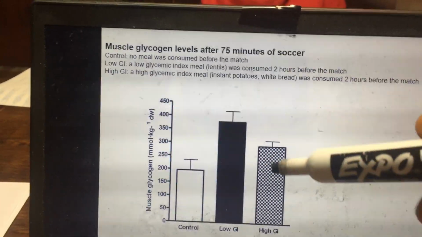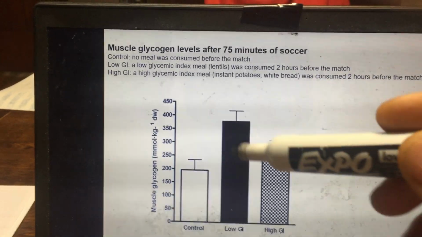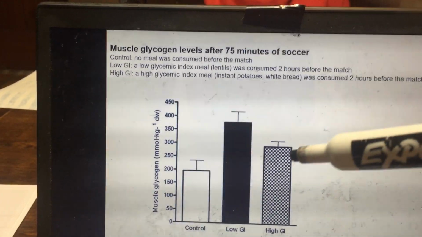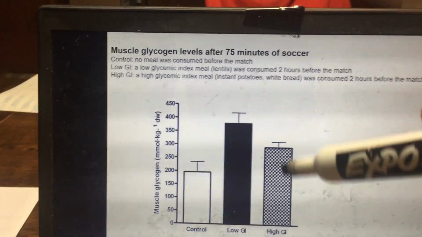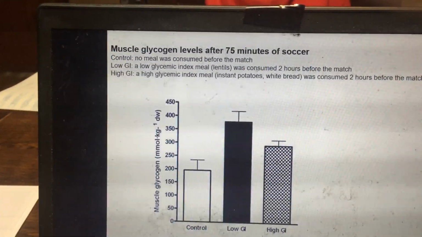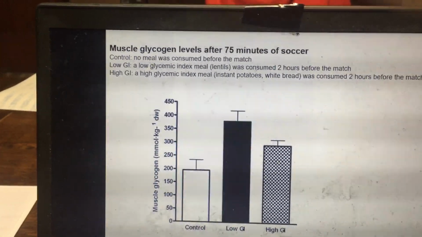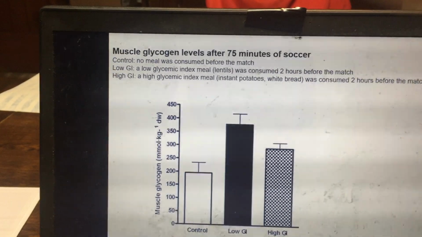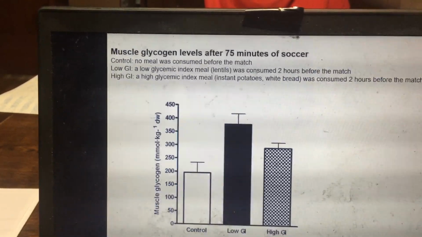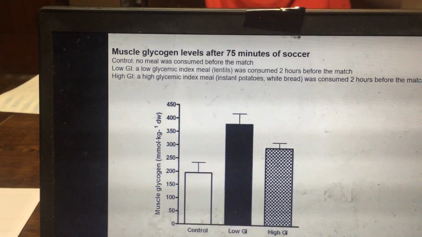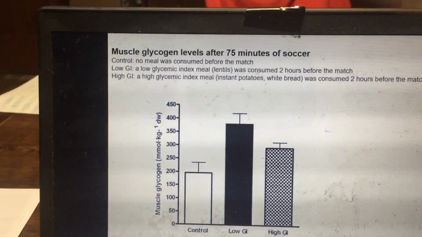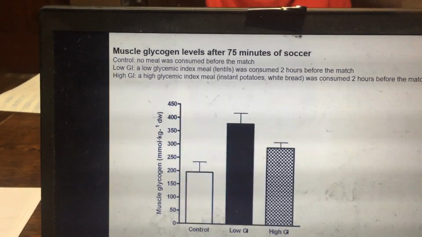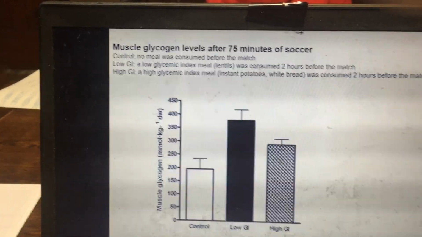You can see the glycogen levels at the 75-minute mark were highest after the low glycemic index condition, next highest after the high glycemic index condition, and as expected, lowest after consuming nothing before the match. Again, this would theoretically provide you with a performance benefit if you could have higher glycogen levels late in a soccer match or any other endurance exercise performance.